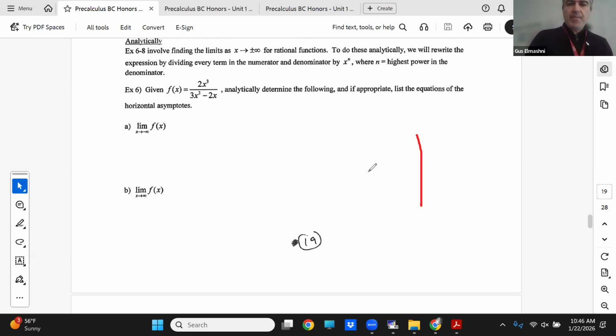Graphically speaking, actually, we did review rational functions. I take it back, it was a single log and exponentials. What's happening here is as x gets really large.